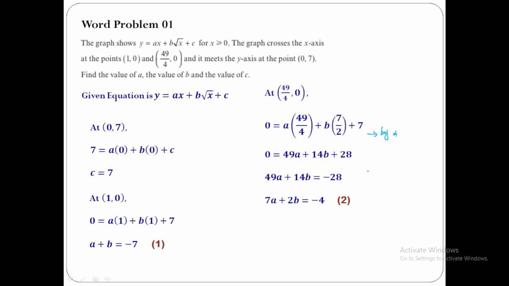Rearranging the constant term to the other side, we get 49a plus 14b equal to minus 28. Then we divide this by 7. We get 7a plus 2b equal to minus 4. Let's keep this as equation 2.